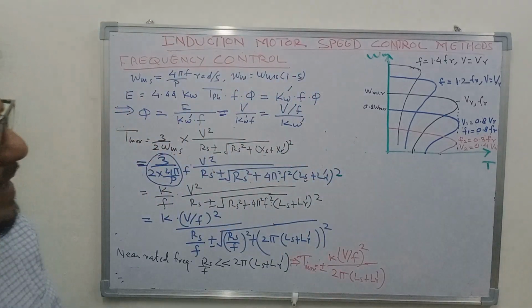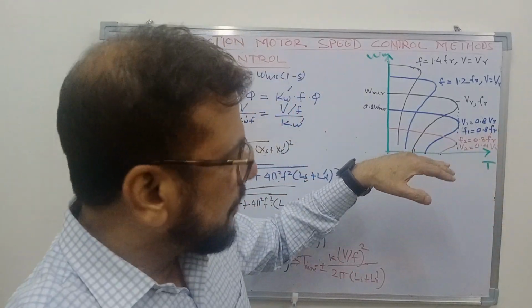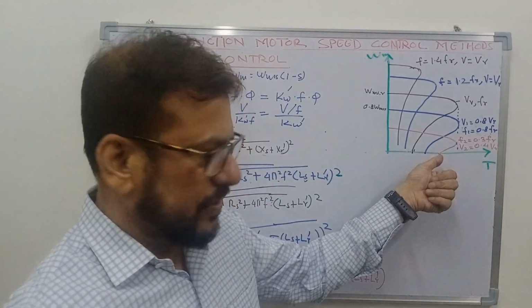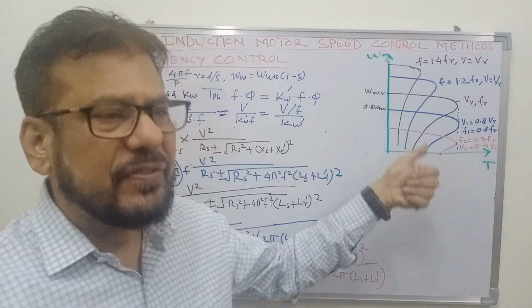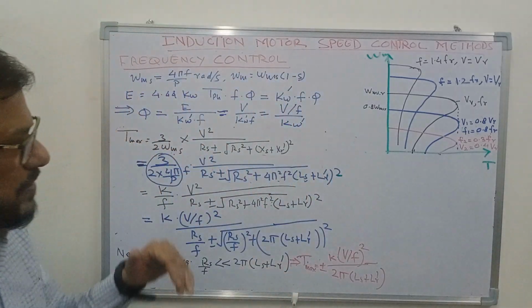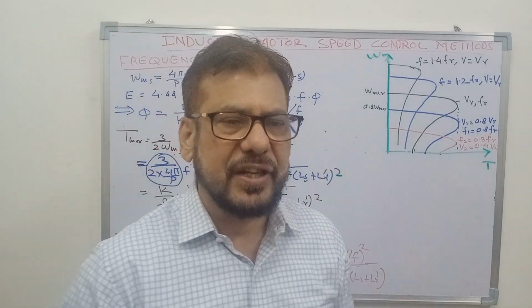So from here you can conclude that at the time of starting, you can reduce the frequency and that will increase the starting torque. And you can show that if you reduce the frequency, the starting current will also decrease.